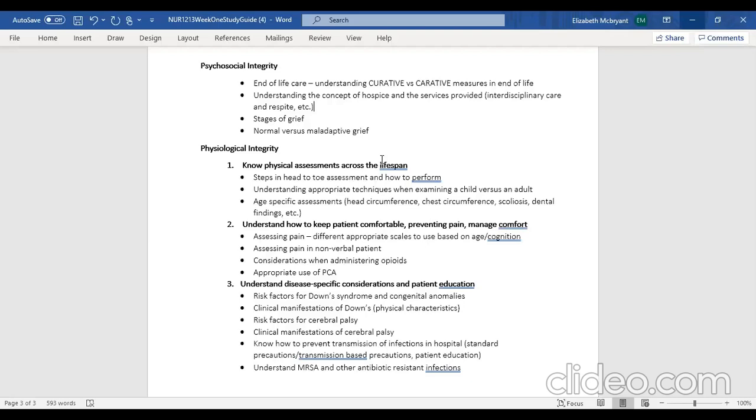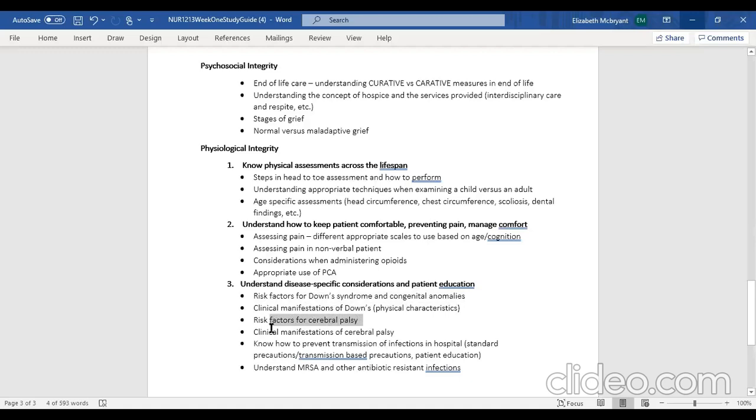And now disease-specific considerations. For the few diseases that we did talk about, and I haven't finished, this is a part I was typing up, you're going to need risk factors for Down syndrome and other congenital anomalies, because a lot of them are the same. You're going to need to know the physical characteristics of Down syndrome.